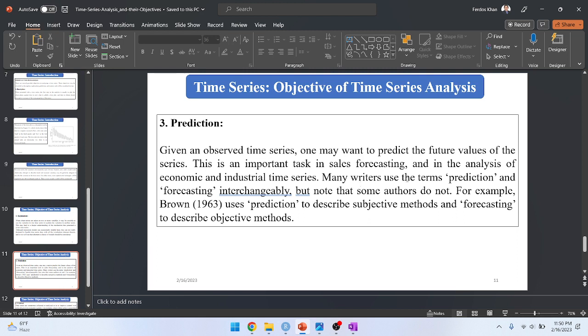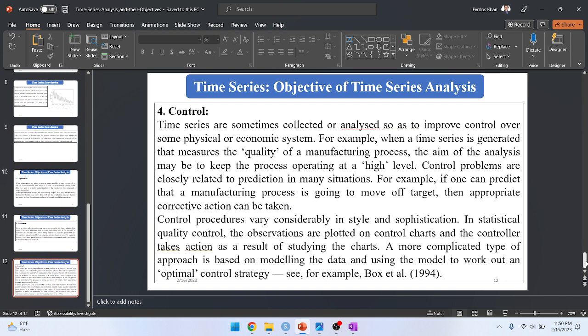Many writers use the terms prediction and forecasting interchangeably, but note that some authors do not. For example, Brown 1963 used prediction to describe subjective methods and forecasting to describe objective methods. So some authors use these interchangeably, but others do not.